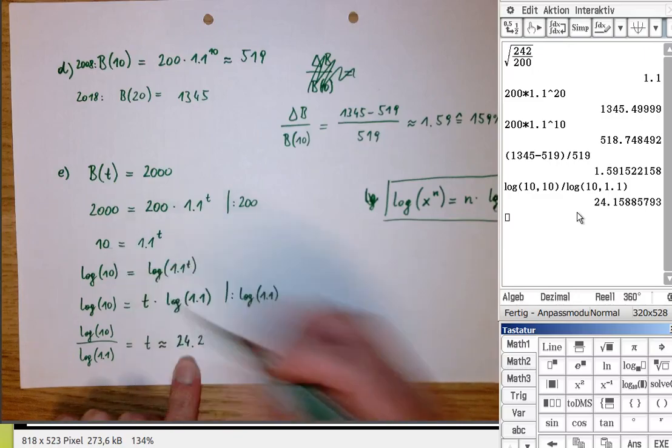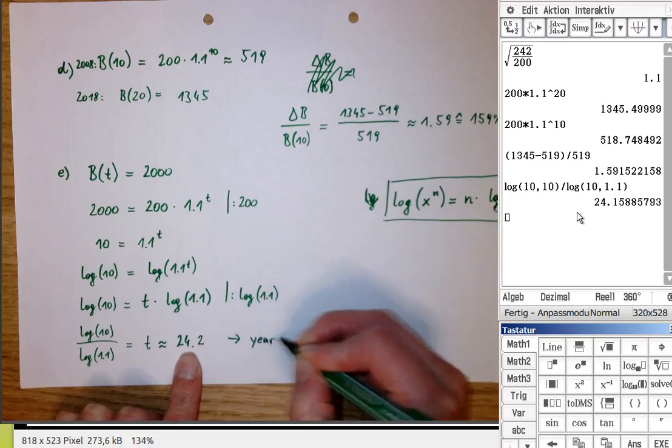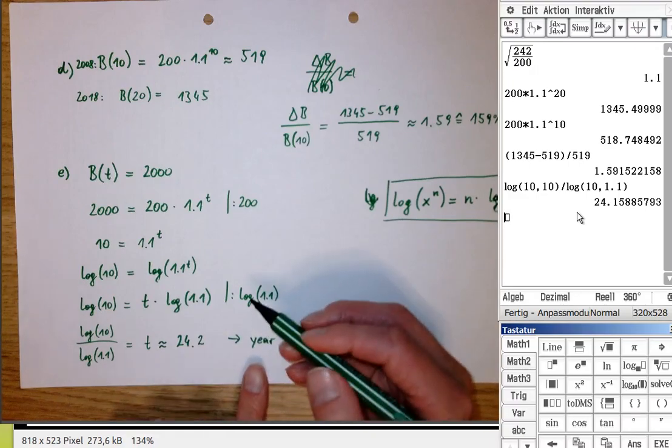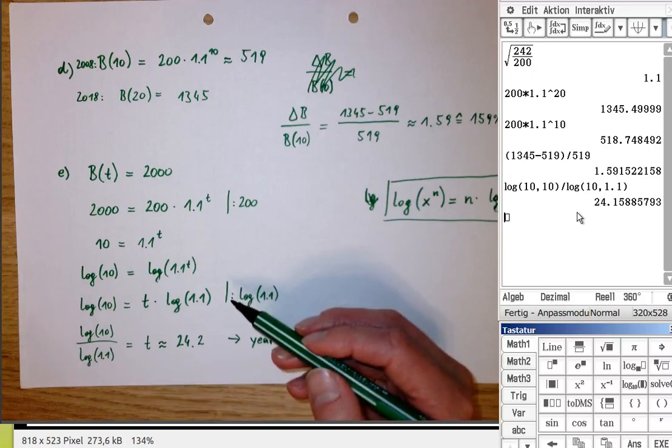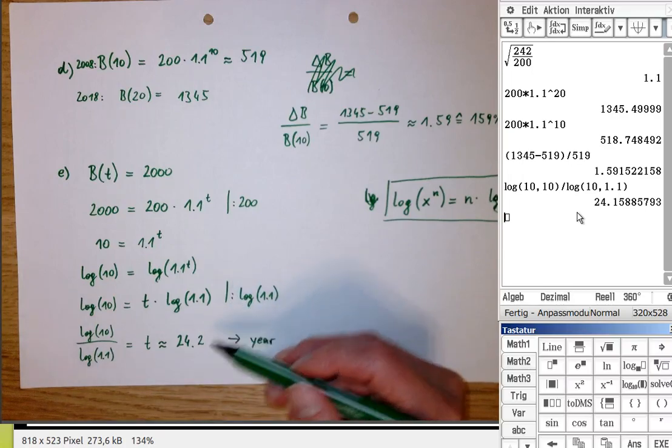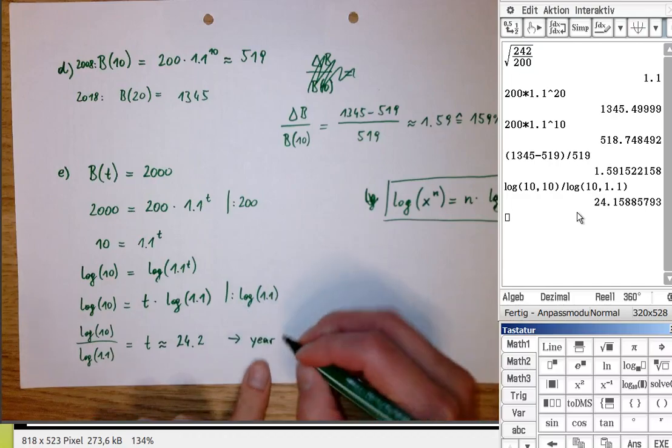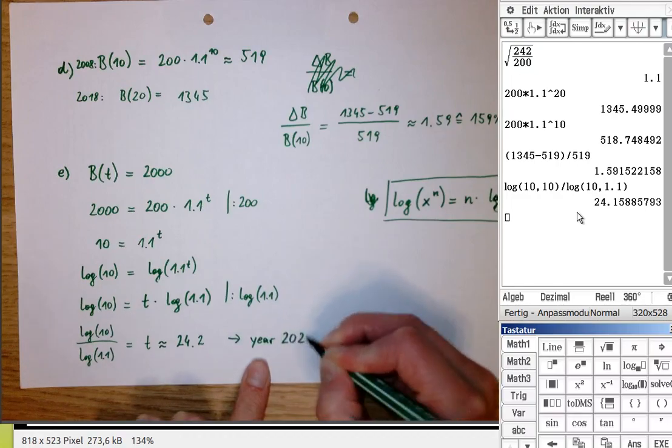We started in 1998, so we had 20 years in 2018 and 4 more years, so it will be in the year 2022.